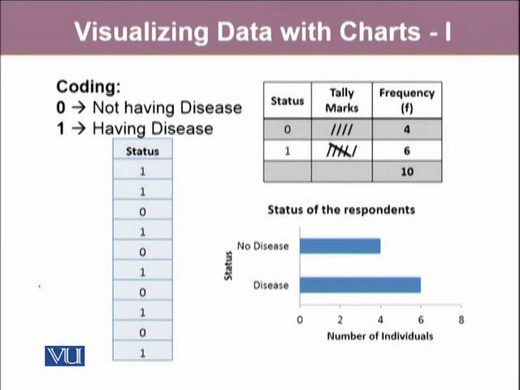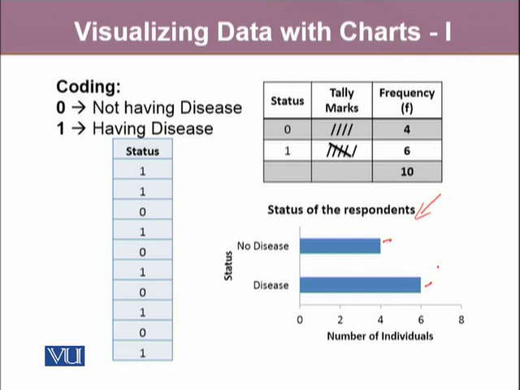Let's take this example of status variable. Since we already have talked about its coding and its frequency table. For this variable, right now, we have this status of the respondents drawn as a bar chart, especially as a simple bar chart, where each bar represents each individual category in our data.